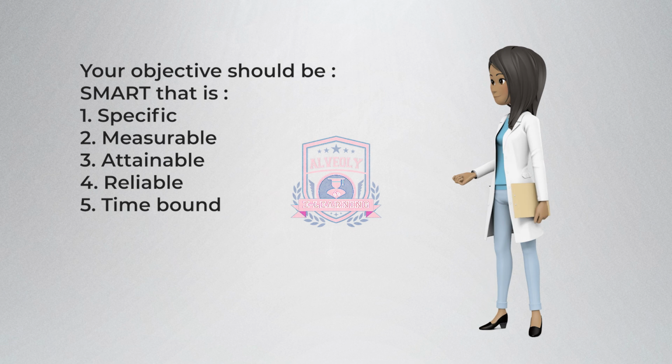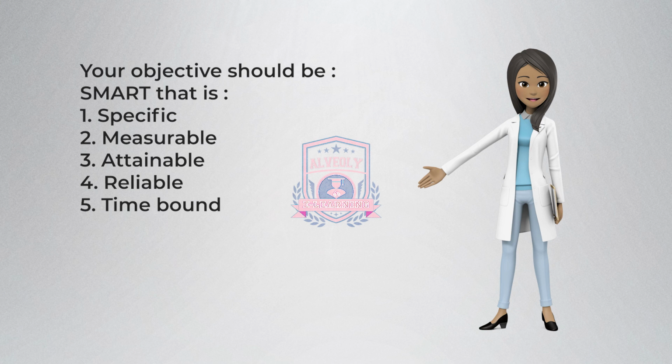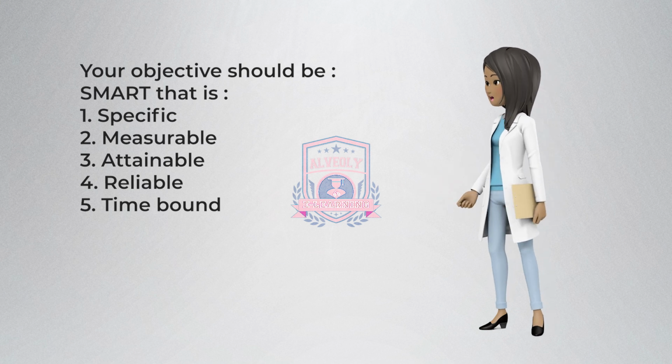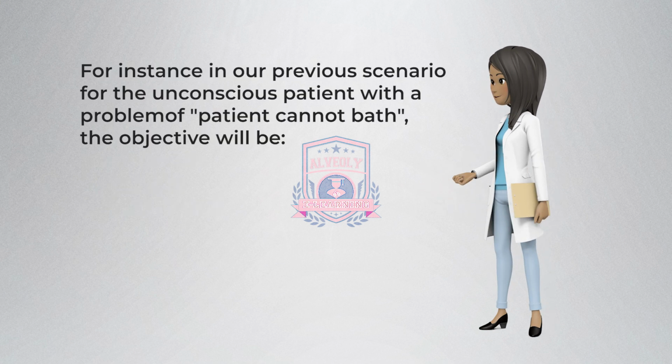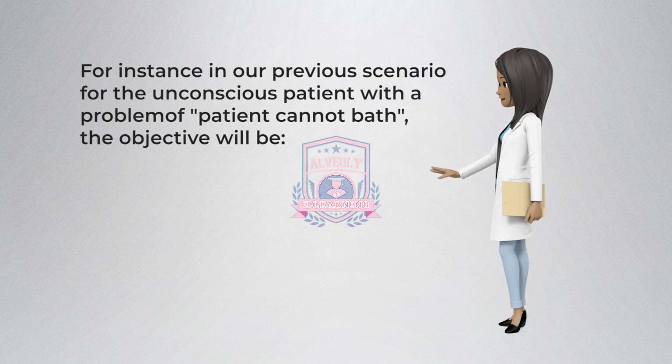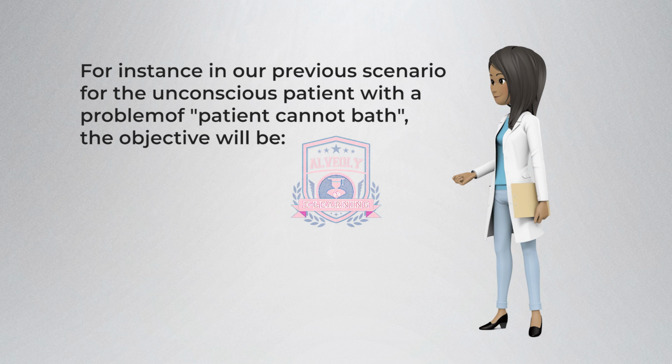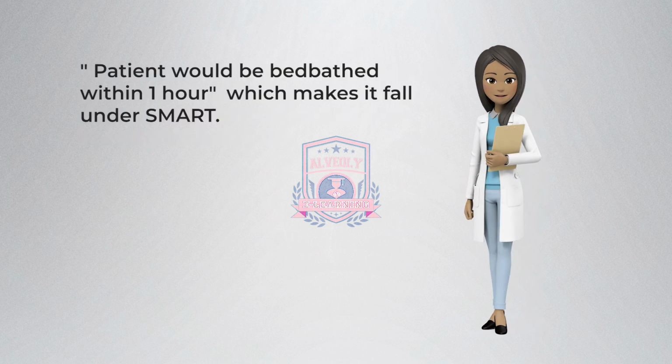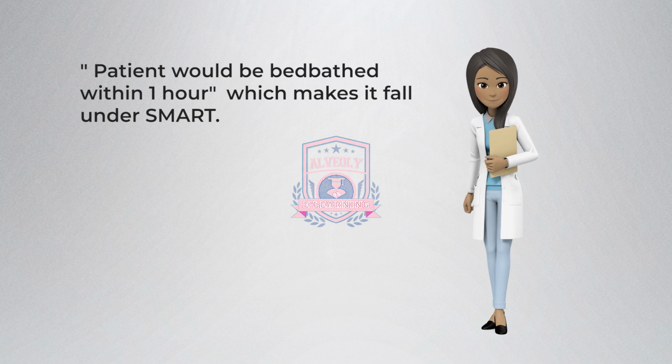Measurable, 3. Attainable, 4. Reliable, 5. Time-bound. For instance, in our previous scenario for the unconscious patient with a problem of patient cannot bath, the objective will be patient would be bed bathed within 1 hour, which makes it fall under SMART.